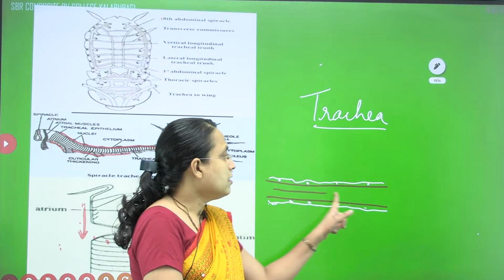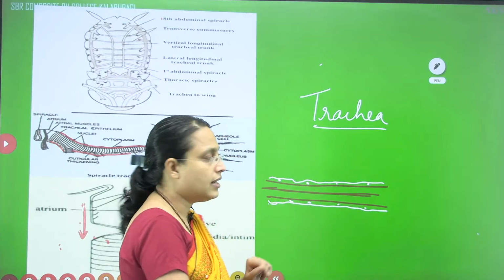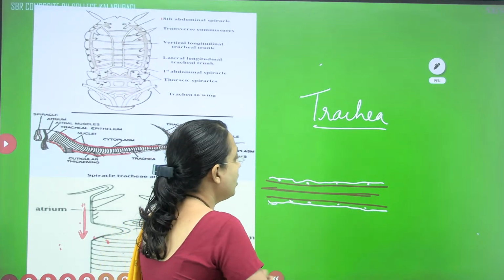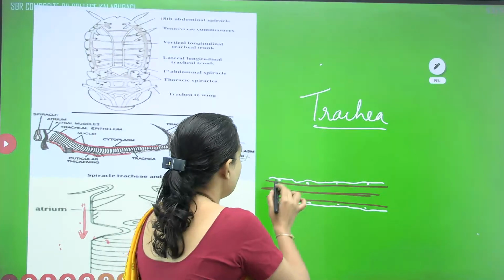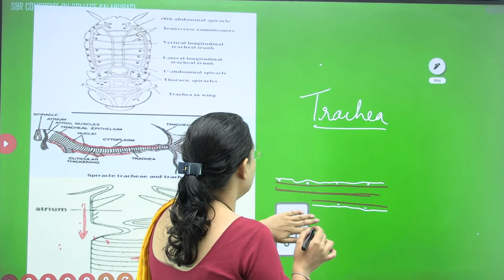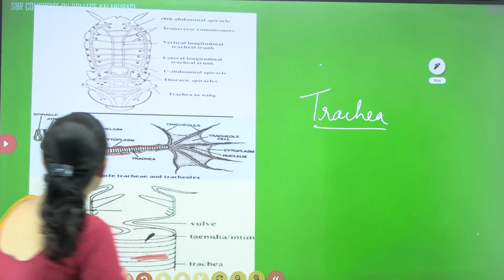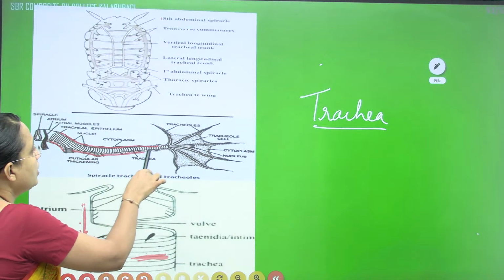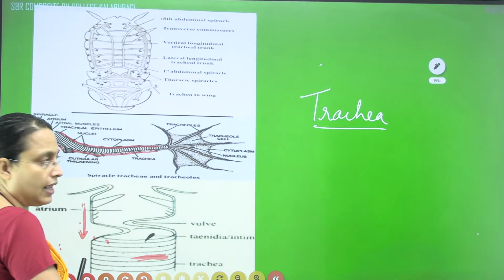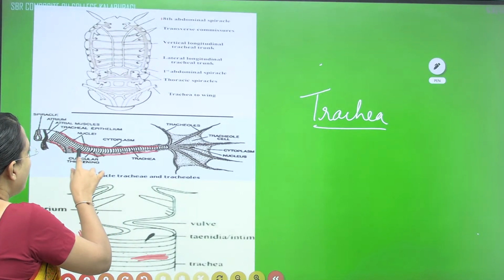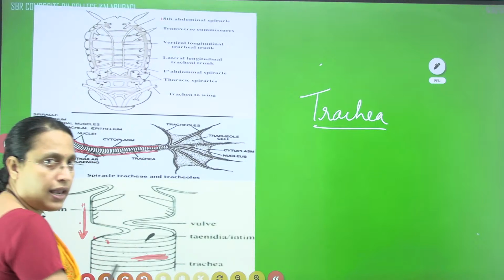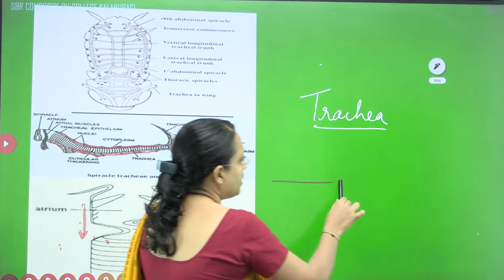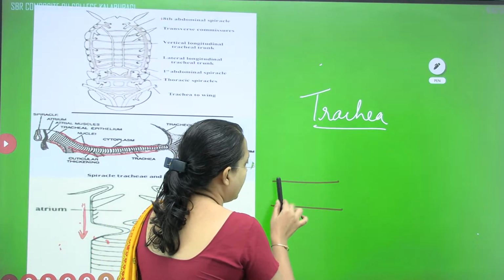And this is the bigger tracheal trunk. You can see that there is an outer epithelial layer, followed by a cuticle on the inner side. So there is an epithelial layer and a cuticle.